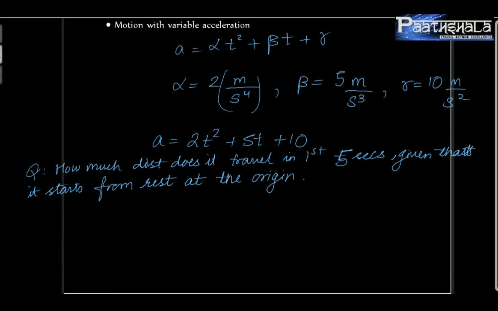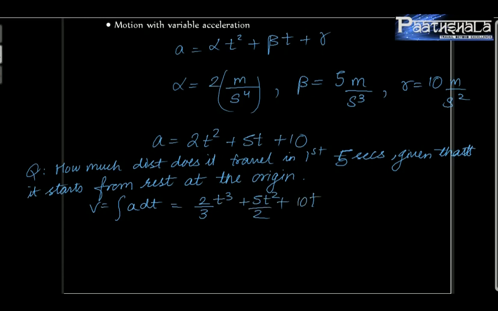Yes, we'll have to do integration firstly to get the velocity. Okay, so let us do first integration and let's see how it proceeds. So integration of a dt is going to give you the velocity time relation. So that's equal to 2t cube by 3, so that's 2 by 3 t cube plus 5t square upon 2 plus 10t.